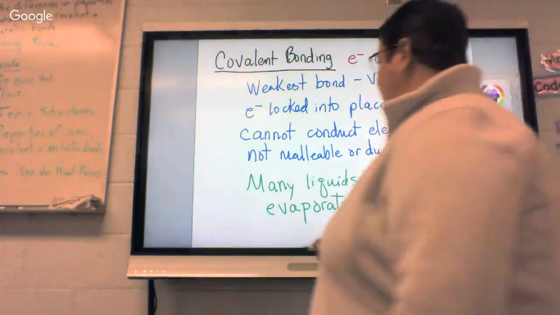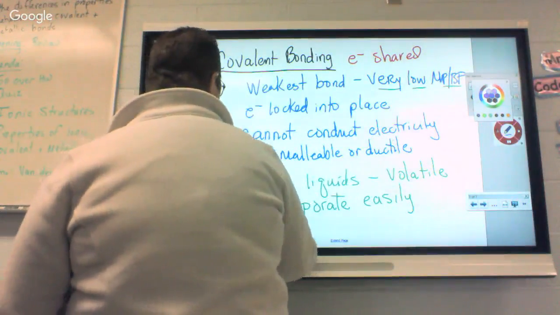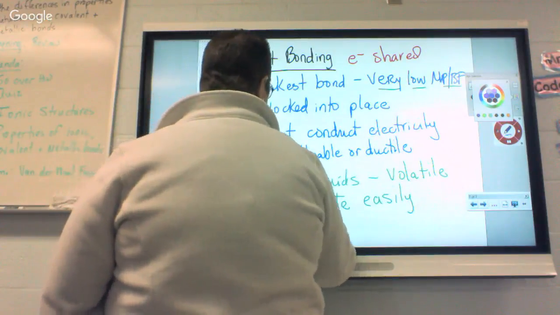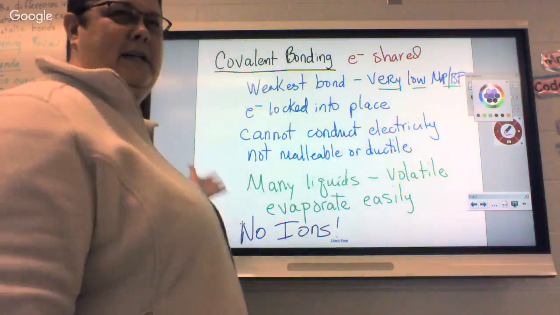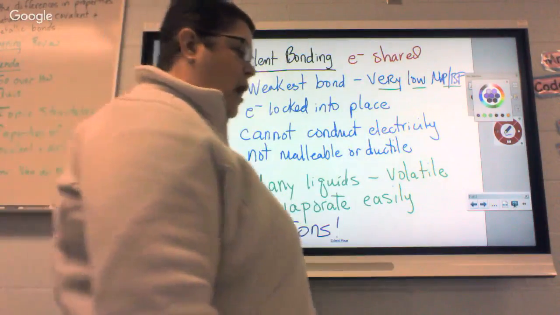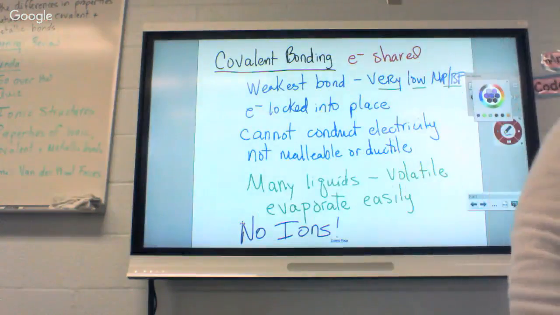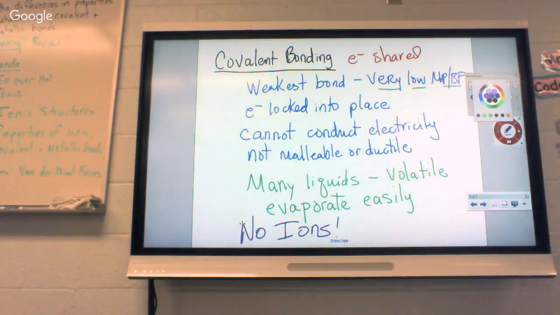No. There are no ions here at all. So can we make a covalent bond conduct? No. The only one that can conduct is ionic. You can make it conduct, but it doesn't conduct on its own. You don't have to worry about your lunch salt. Okay? Now, the only thing we have left to do will be van der Waals forces with boiling point.